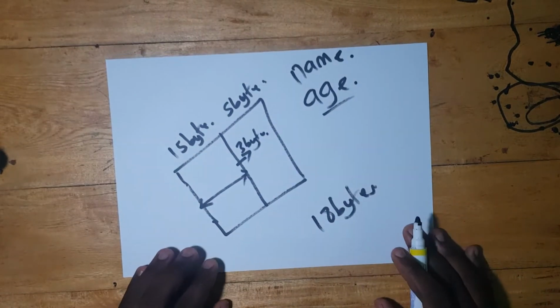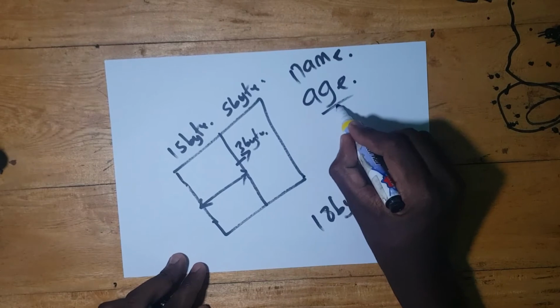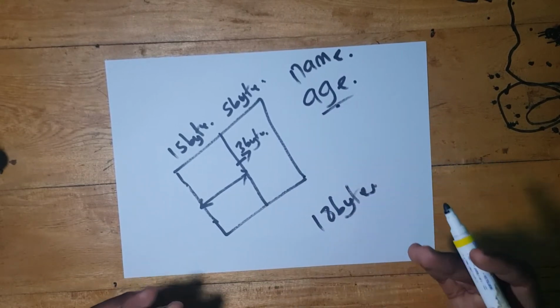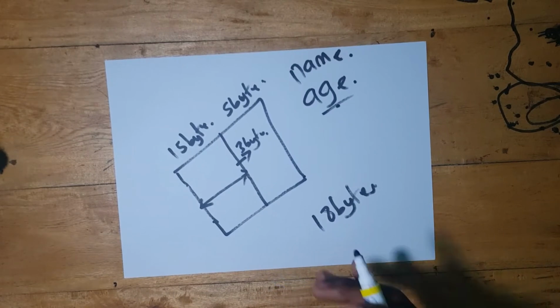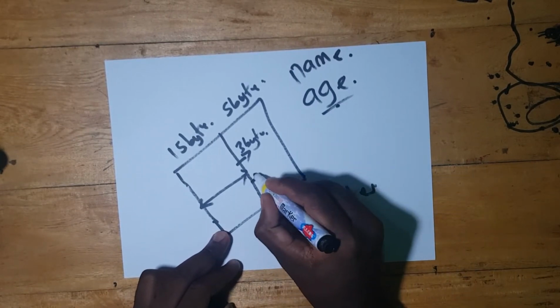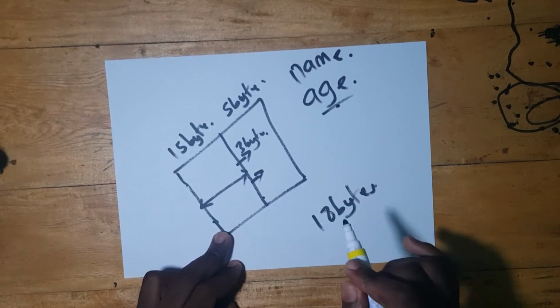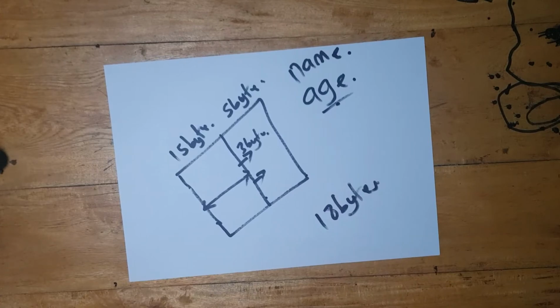And this is going to cause a problem because this space is meant to hold age. And basically that is what a buffer overflow is. There is an allocated space, but a user supplies data that is larger than that space, and that space therefore flows to the adjacent space, which is essentially meant to hold some other important data.